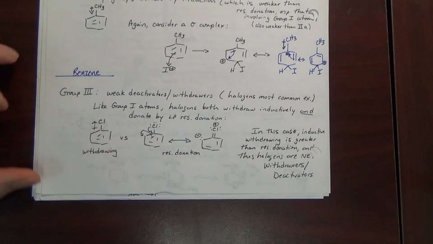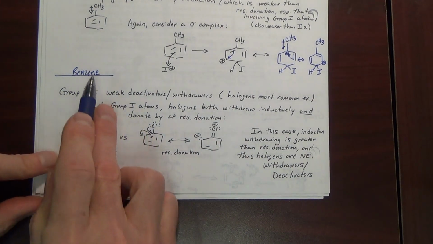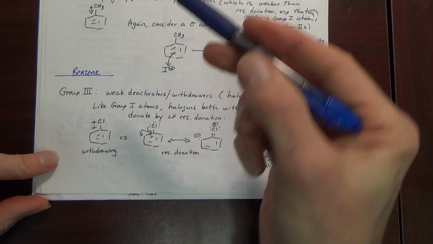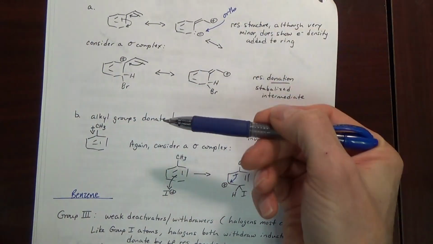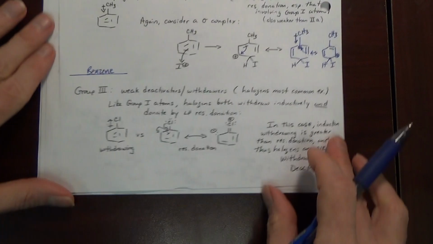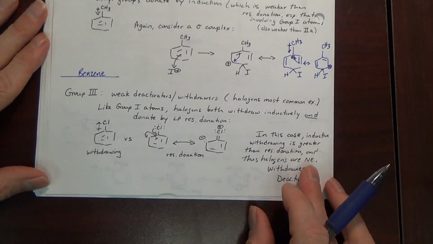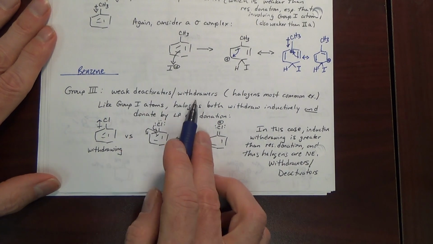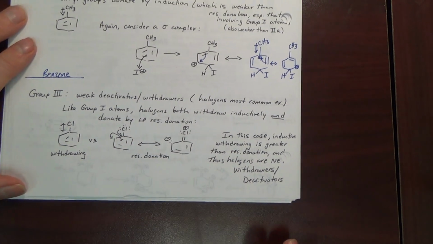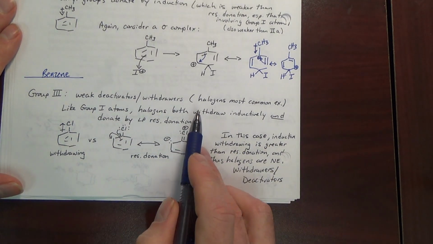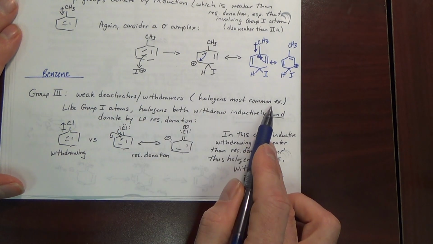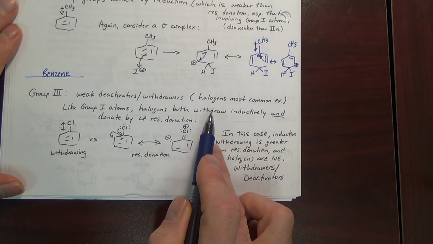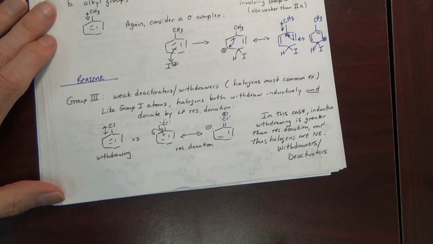Now group 3 are going to be less reactive than benzene, while group 1 and 2 were more reactive. Group 3 are weak deactivators, weak withdrawers. And this is where the halogens fall. It's the most common example of group 3.